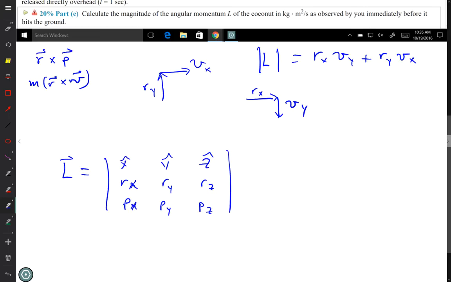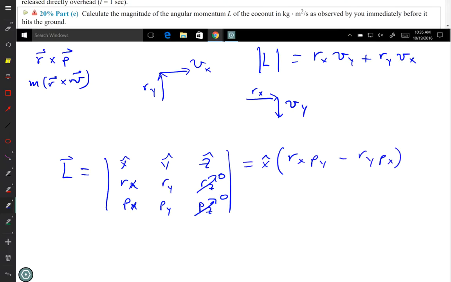You do that determinant and note that Rx is equal to 0, Px is equal to 0. That makes the x and y components both 0 in this calculation, and you only get a z component. And it turns out that you have the z direction times Rx Py minus Ry Px is what that equation gives you, but your Py was a negative number because it's going down and y was up.